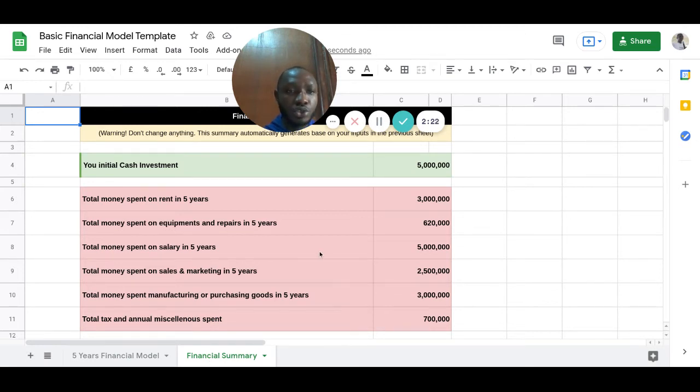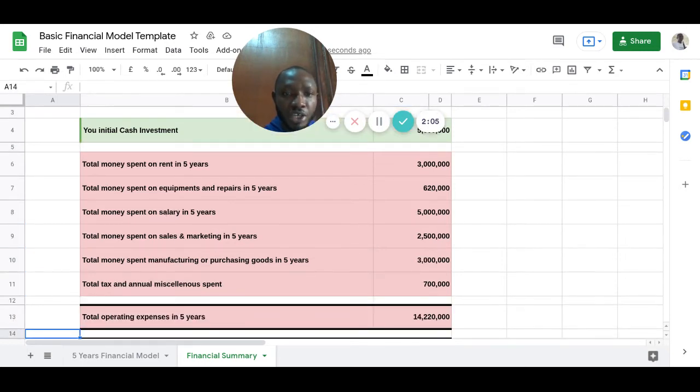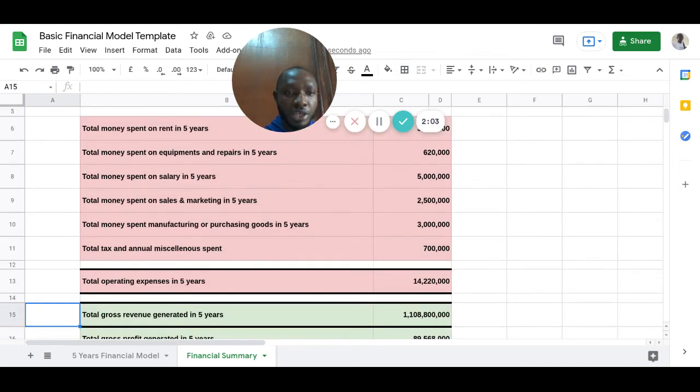The summary is going to show you your initial money you started with, the amount of money you are spending on rent for a year, the total money you are going to spend on repairing equipment, and the salary you are paying every year. You already know the salary you are paying every year. You know the marketing cost. You know the money you are spending on purchasing goods, and you know the money you are spending on tax.